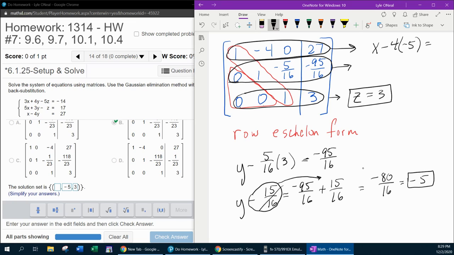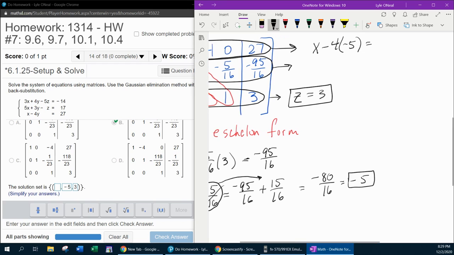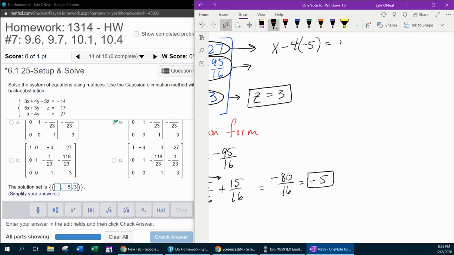There is no z, so no z equals 27. And then I can solve that for x. So negative 4 times negative 5, that's going to be plus 20. And then bringing the plus 20 over makes it a minus 20. And that gives me x is 7.